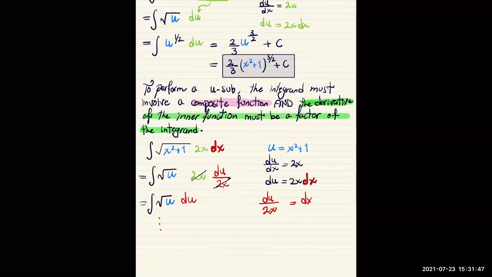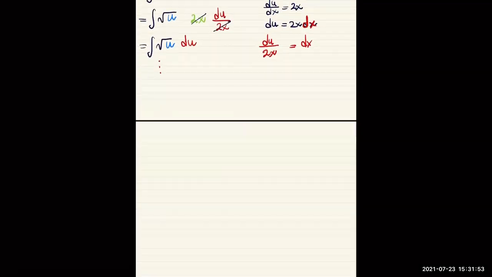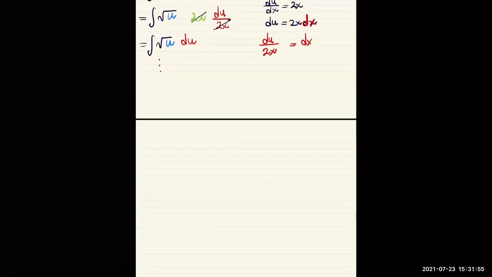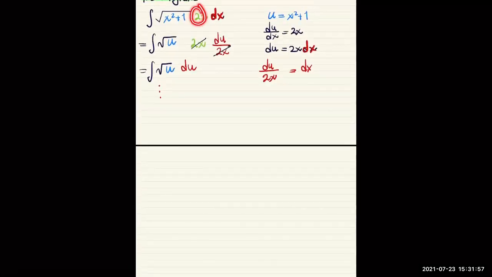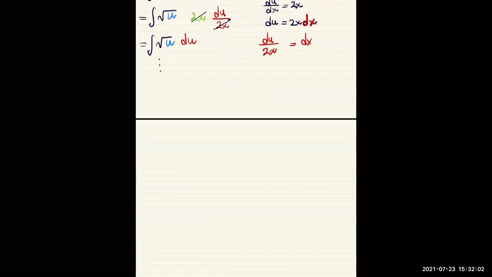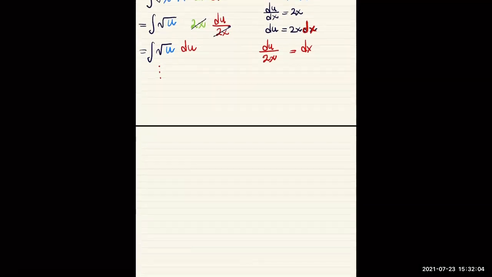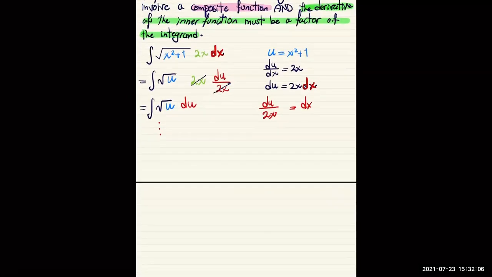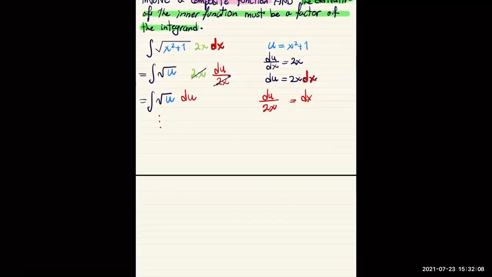Now, let's modify this problem a little bit and try to answer it. What if this constant factor of 2 wasn't there? Well, let's see what happens. The 2 here is just a constant, and we can always manipulate constants.